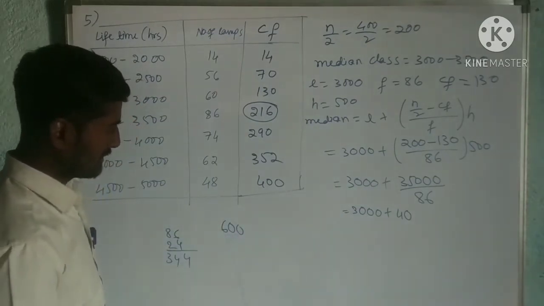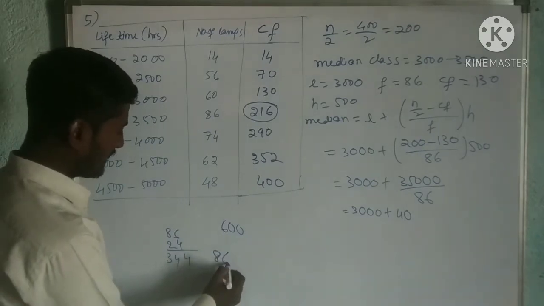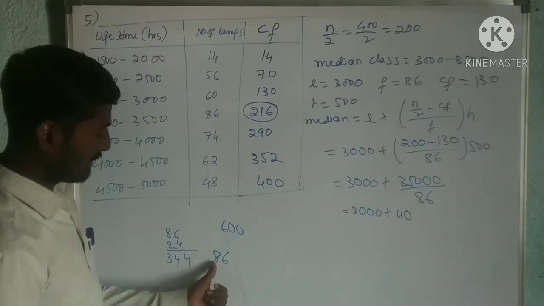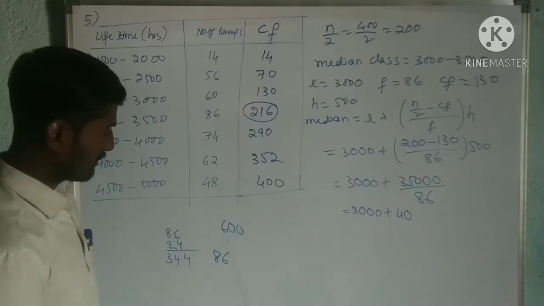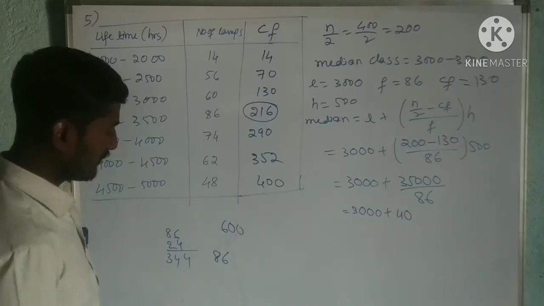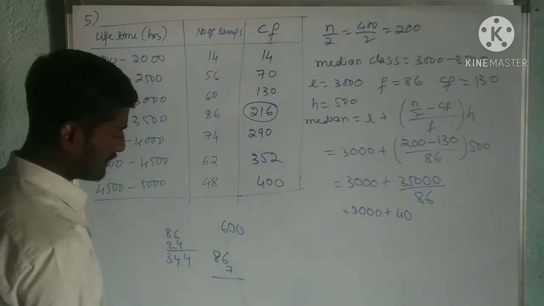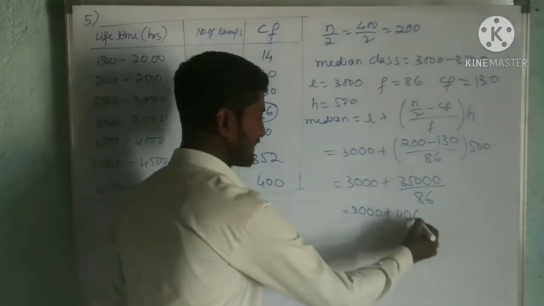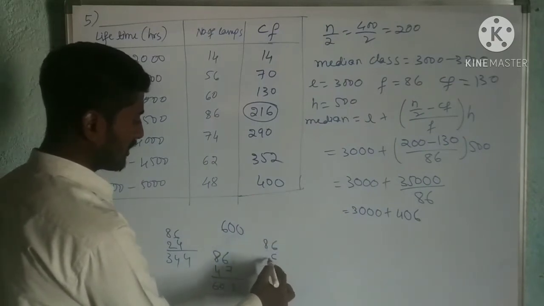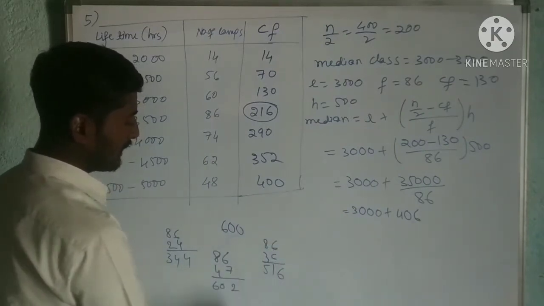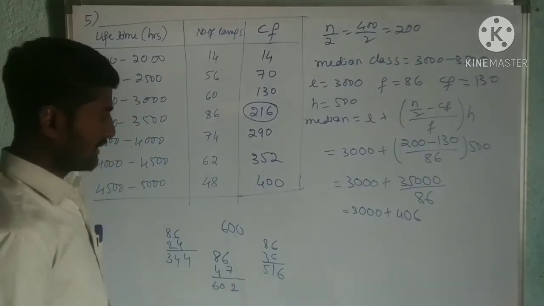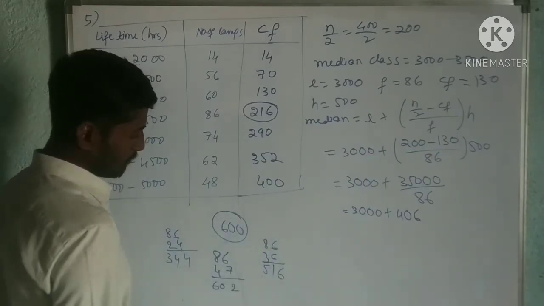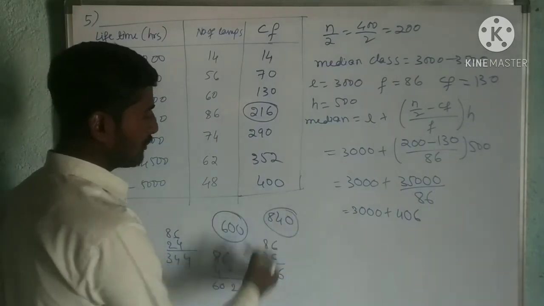Divide this by 86. 86 into 6 is 516. The remainder is 84, so it will become 840.